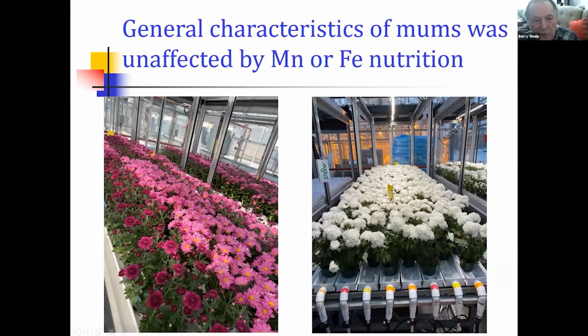This is the manganese trial on the left-hand side and the iron trial on the right-hand side. With the iron trial, we had problems with our blinds that control the day length, and so we had to repeat this experiment. And at that time, there was only one cultivar available, so that's why all the plants are white rather than red and pink as on the left-hand side.